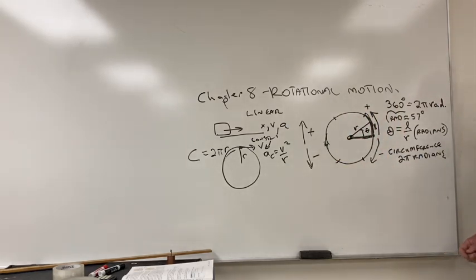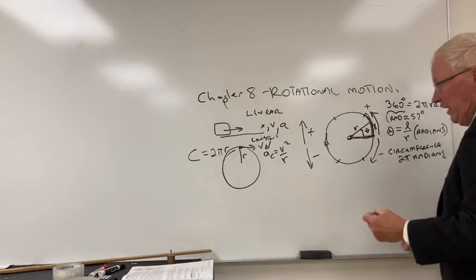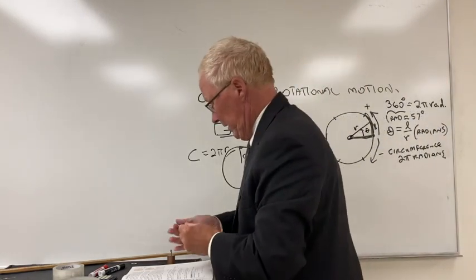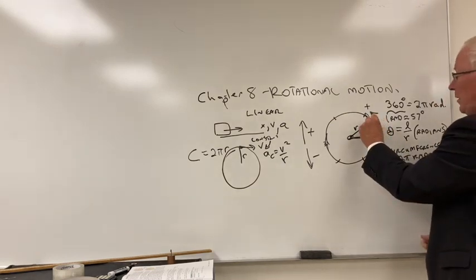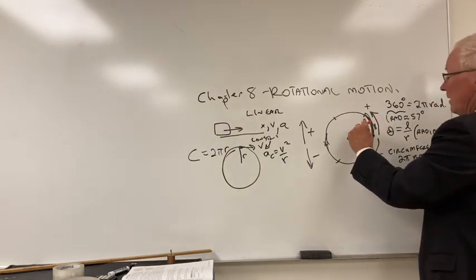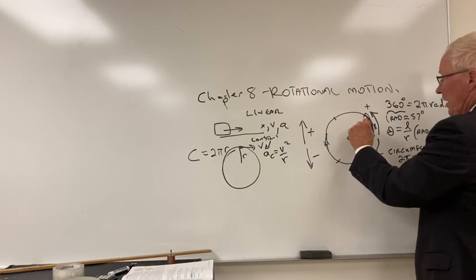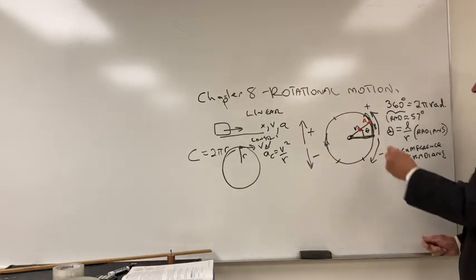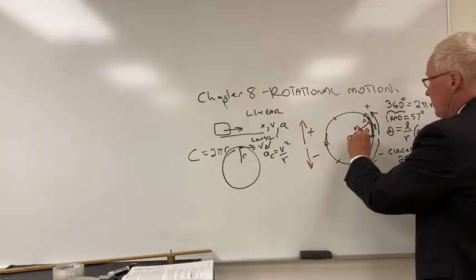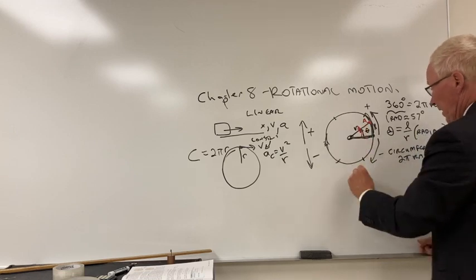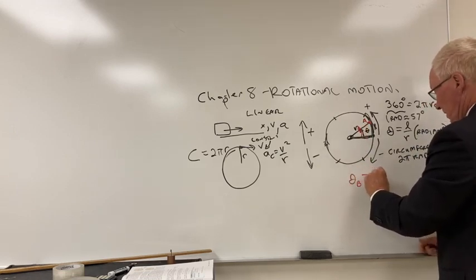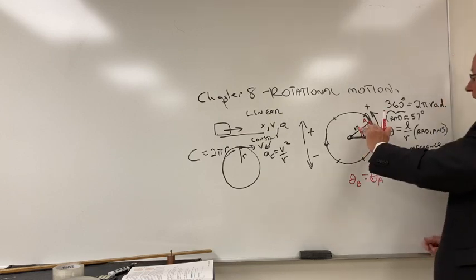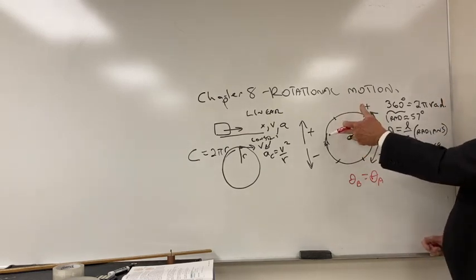Now, one thing about this. Say we have a point A here and a point B here, which is halfway. The angle for B, theta B, equals the same angle theta A. Any point along here moves the same angle.